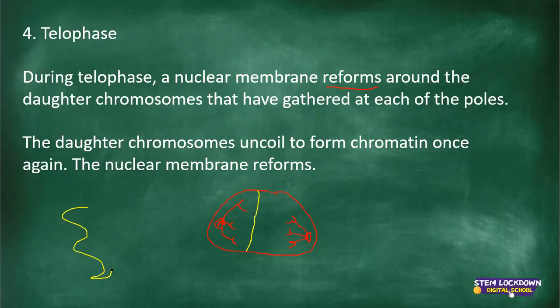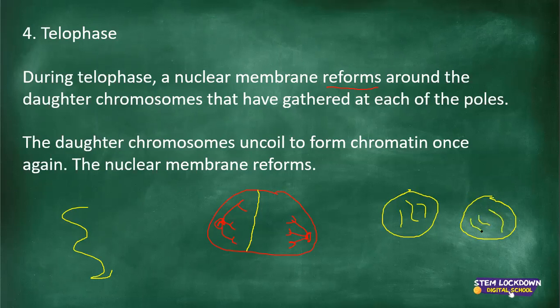Now you want to play with your skipping rope again, so you uncoil it. So now it forms chromatin once again. But now you have two cells, based on the fact that the nuclear membrane has reformed.